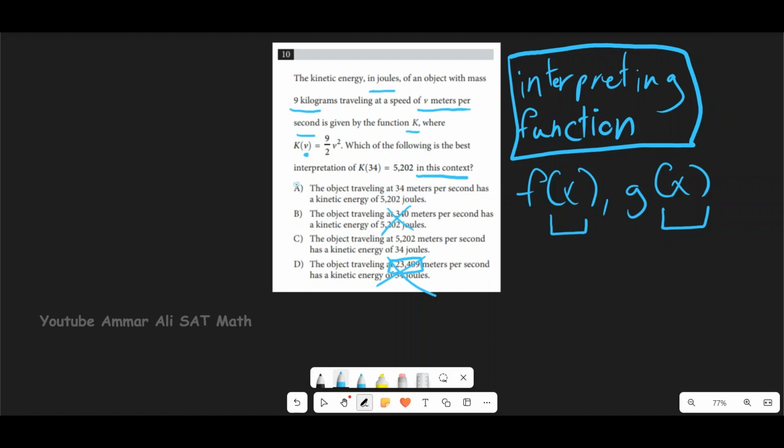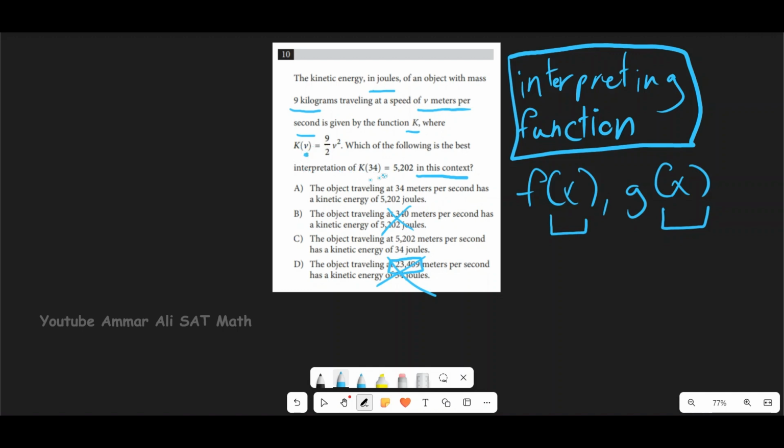So let's now look at A and C. The object traveling at 5,202 meters per second has a kinetic energy of 34 joules. Well, that seems right, we have a 34 and a 5,202, but are they in the right places in this interpretation? Well, the answer is no. Because remember, our input is in the parentheses.